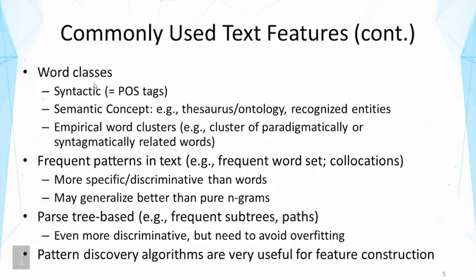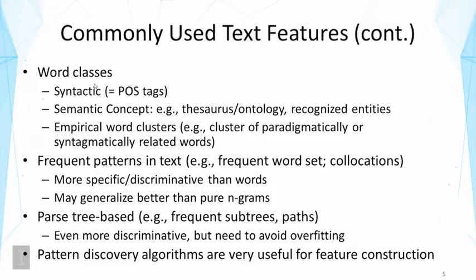So they have a lot of advantages, but they might still face the problem of overfitting as the features become more complex. This is a problem in general. And the same is true for parse tree-based features, where you can use a parse tree to derive features such as frequent subtrees or paths, and those are even more discriminative, but they also are more likely to cause overfitting.